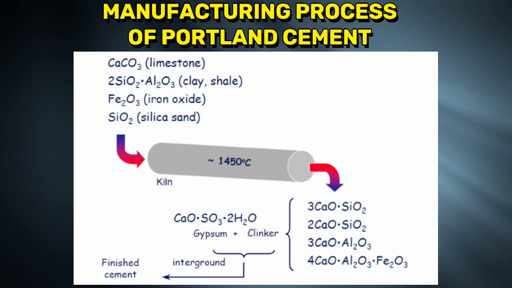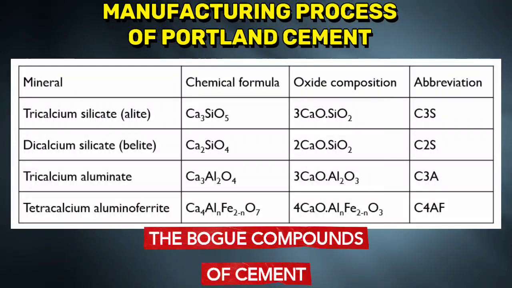These are oxides that influence the cement properties, and then gypsum is added and it is ground to the finished cement. And then these compounds themselves are the minerals, with their oxide composition. This is the table we have just presented, with their names, their chemical formula, their oxide composition, and the abbreviation.